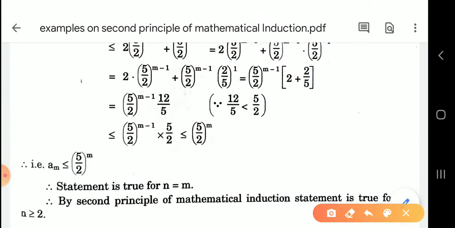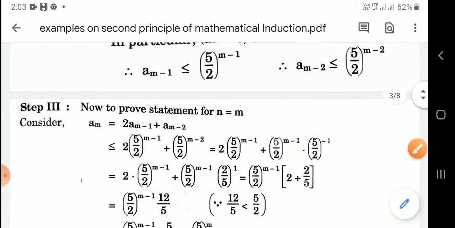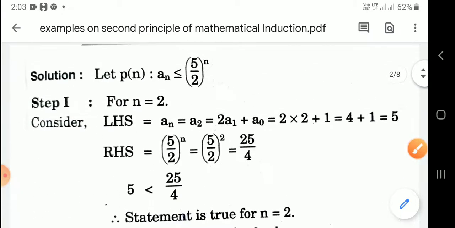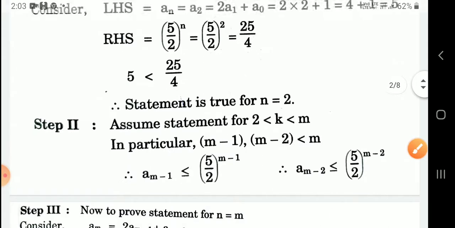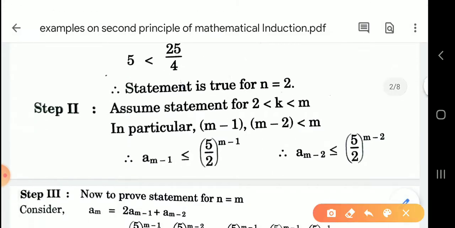Therefore, by the second principle of mathematical induction, our statement is true for all n greater than or equal to 2. So here we consider, in the first step, we prove this statement for n is equal to 2. If the statement is true for n is equal to 2, then in our second step we assume that our statement is true for all k where k is less than m.